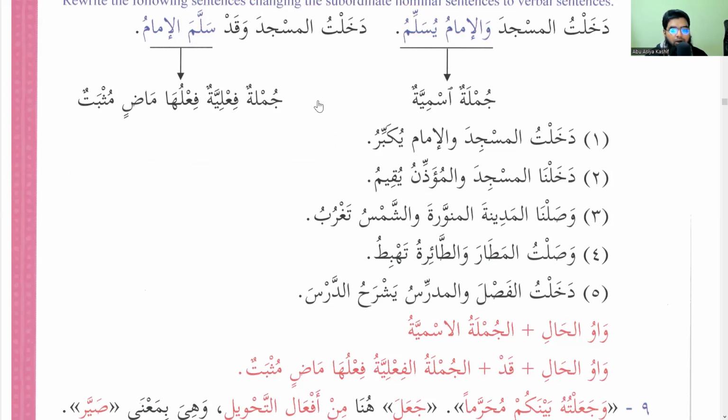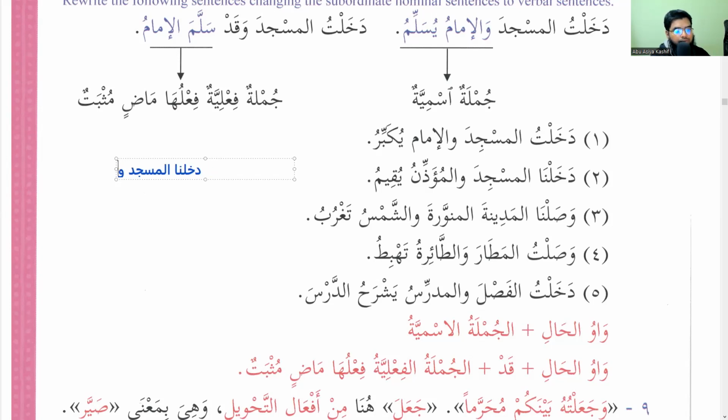دخلنا المسجد والمؤذن يقيم. So I can type this also. We entered the masjid. Dakhalna al-masjida. So yuqimu is from aqama, no? Wa aqamal muadhin. Yuqimu is to give iqama, to say iqama, no?